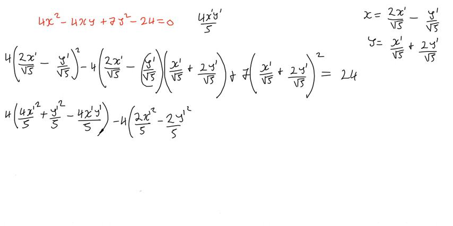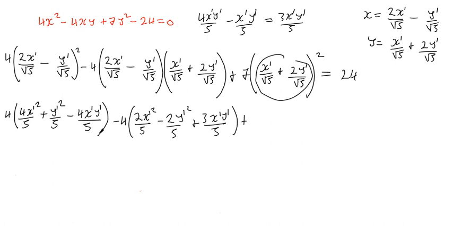Then this one by that one, you're going to get minus x prime y prime divided by 5, and that's just going to give you 3x prime y prime divided by 5, which is it positive, negative? It's positive 3x prime y prime, like that, divided by 5. Then you close, then plus.